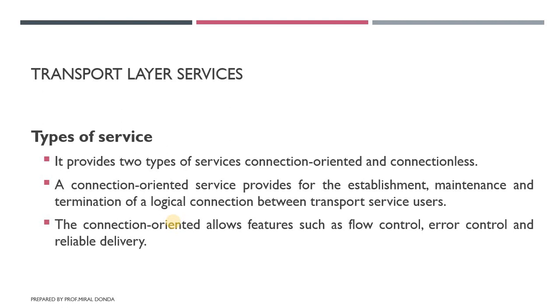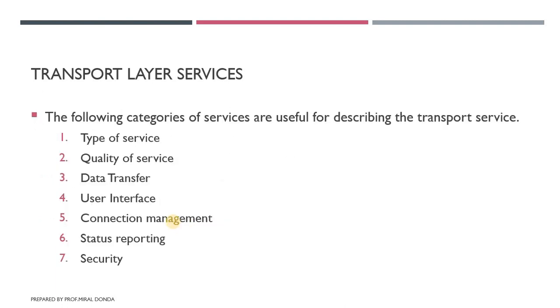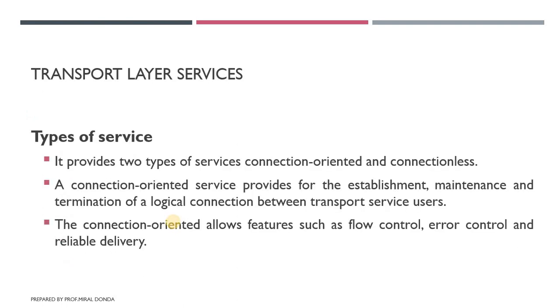In a connection-oriented service, the service provides for the establishment, maintenance, and termination of a logical connection between the transport service users. The connectionless allows features such as flow control, error control, and reliable delivery. So that is the first category of transport service.